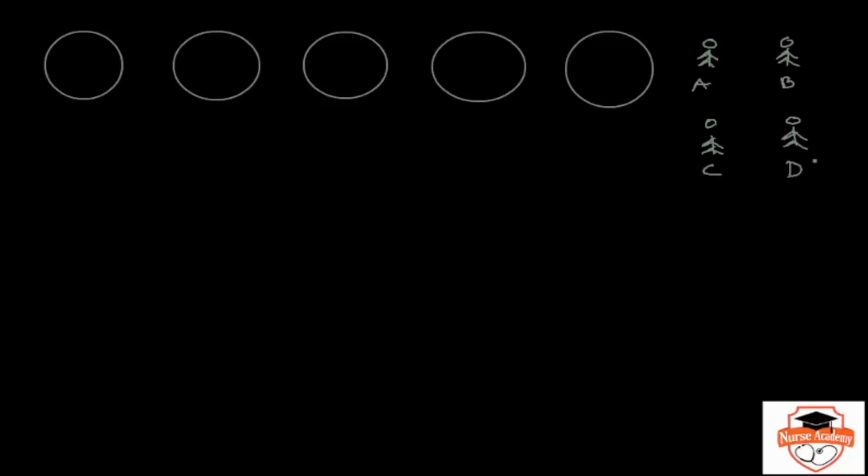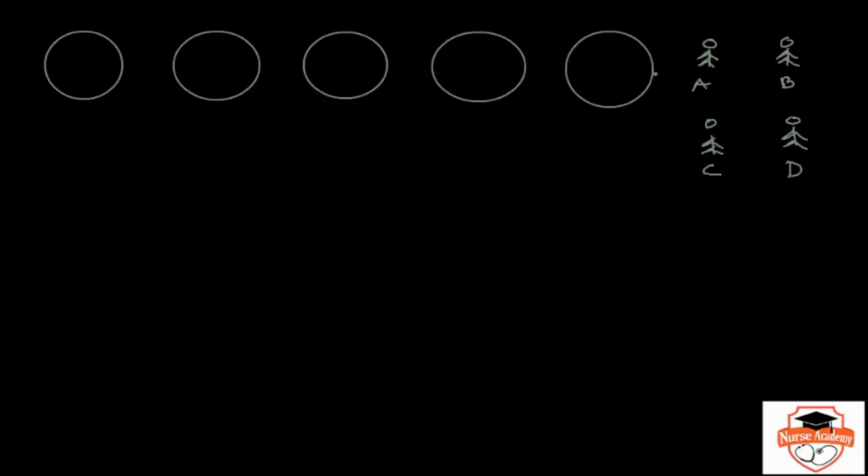On another day, the same 4 friends go out, and this time they order 5 pizzas. So we have A, we have B, we have C, and we have D hanging out together on another day. And then they decide, okay, the other day we couldn't get 1 pizza for ourselves.